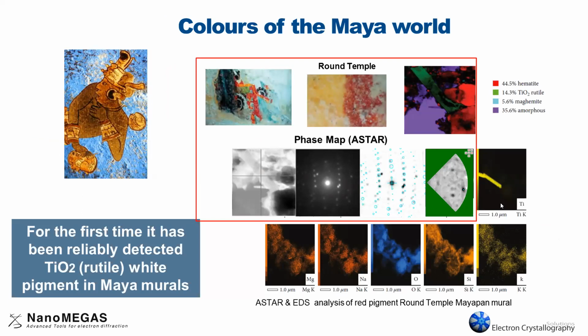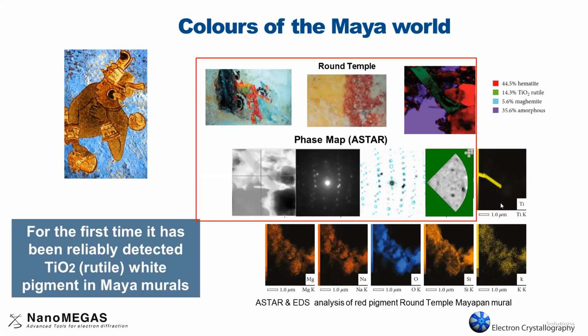These results from the STAR phase mapping demonstrate how precise a technique it could be to analyze the pre-Hispanic pigments. And hematite's iron oxide presence gives the red color of the pigments. That's responsible for the color. But maghemite, an iron oxide also, which we have seen in the phase map, could also contribute to the red color.